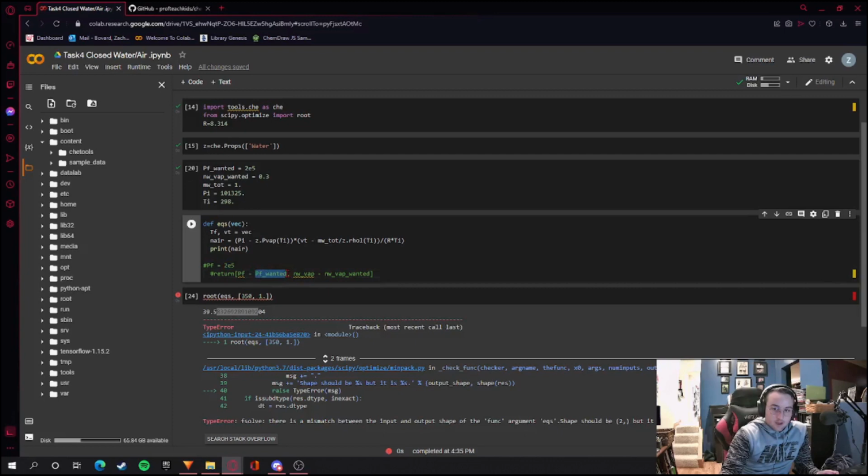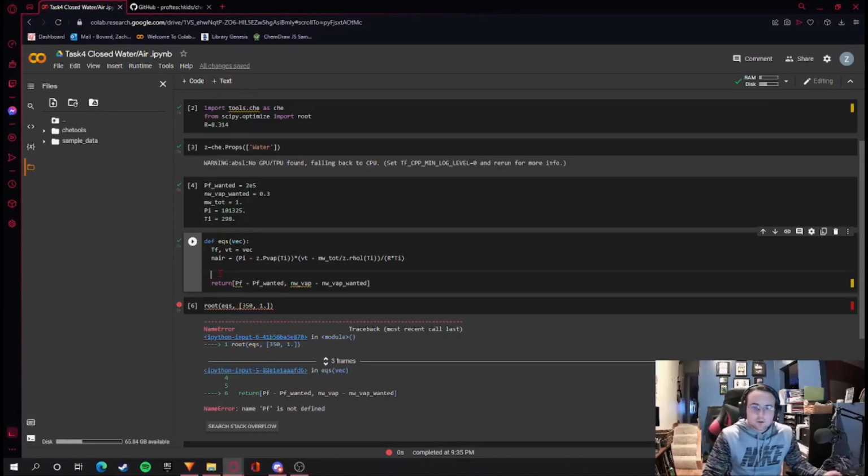And so we gave that PF wanted. And you also can't do this because it won't read it right. So you have to subtract it to the other side and then set this whole thing equal to 0. And then that will give you PF equaling 200,000 pascals.